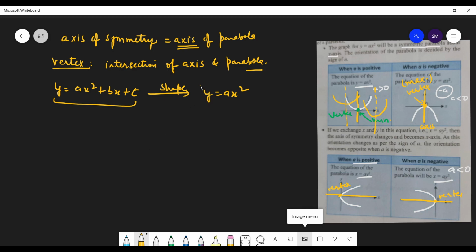The shape will not change. The shape will remain the same. Then what is the difference? Here the vertex was (0, 0), but here the vertex will not be (0, 0).